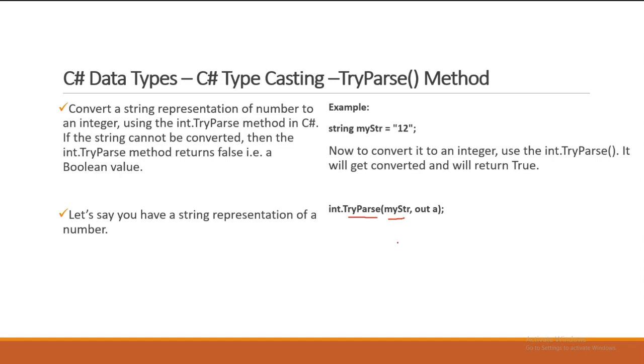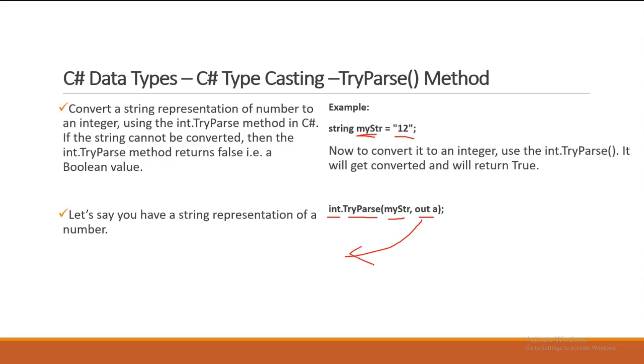One of them is the value that we are going to convert, and the other is the out parameter. If the value is convertible, for example 12, which is a string but is convertible, then it will return true.